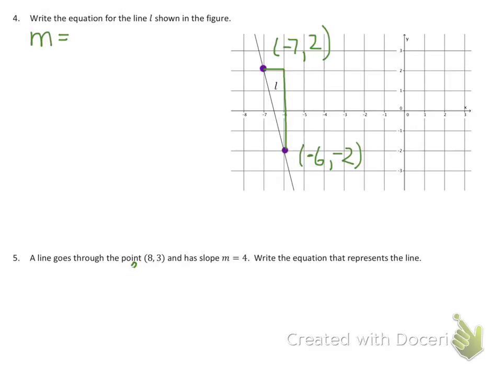We've got the difference in the y's, 2 minus negative 2, and the difference in the x's, negative 7 minus negative 6. So 2 minus negative 2 is the same as 2 plus 2, or 4.